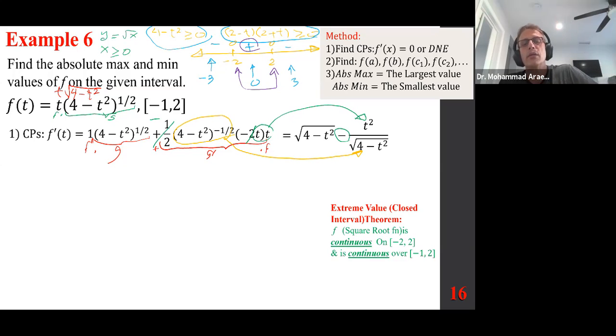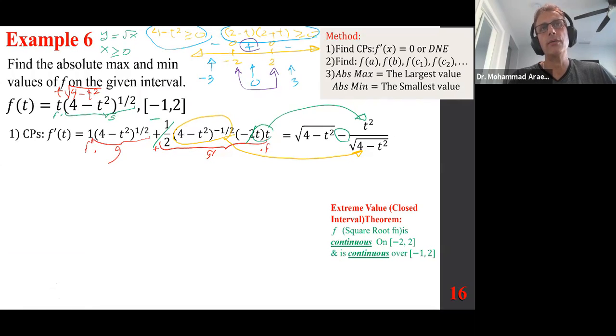This is the denominator. So I hope you realize that now your common denominator is square root of 4 minus T squared. So if you multiply the first one by 4 minus T squared, this is what you are going to get. Let me just write this next step for you.